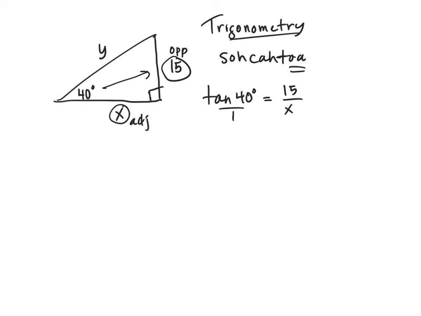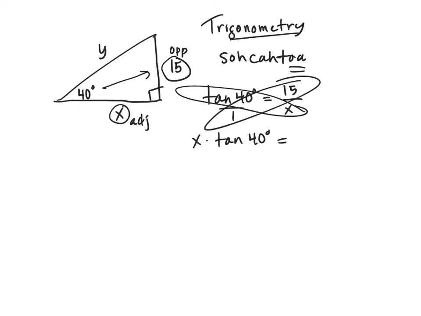Tangent of 40 is just a decimal, so we're going to cross multiply. I get x times the tangent of 40 degrees is equal to 1 times 15, or 15. And to get rid of multiplication, I will divide.